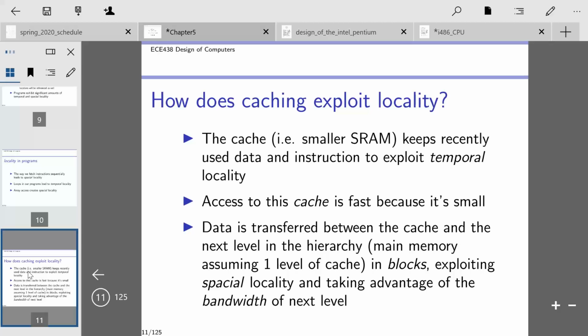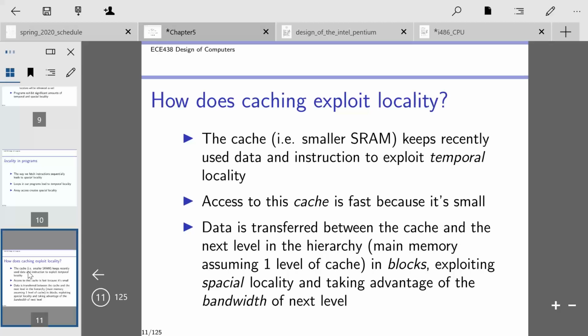Least recently used data has a lower likelihood of being reused than most recently used data because of temporal locality. Access to this cache is fast because it's small, so it keeps up with the speed of the processor. Data is transferred between the cache and the next level in the hierarchy.